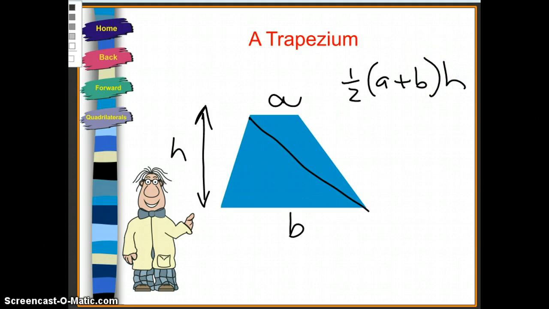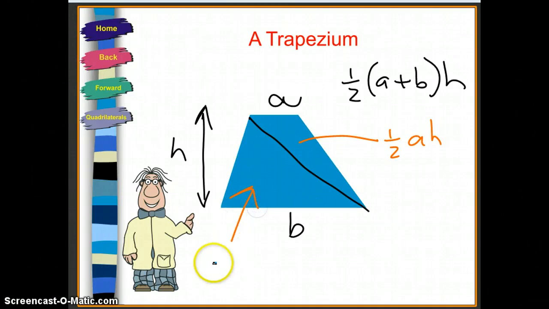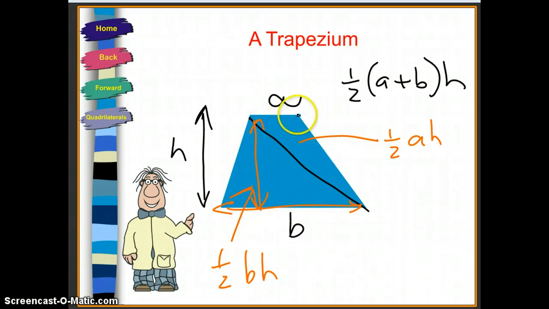It's easy to see the proof of that formula because this triangle here is going to be a half AH, and this triangle here is going to be a half BH because the base is here and the height is there. Both triangles have the same height.